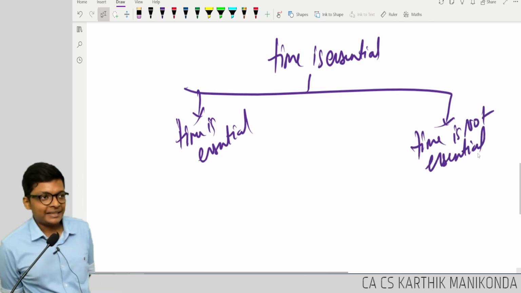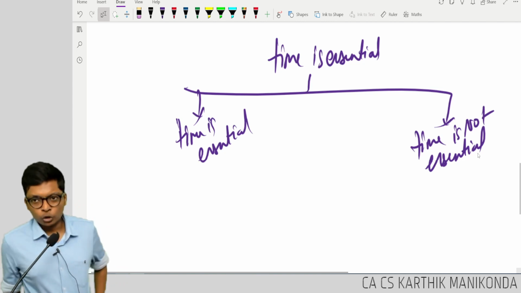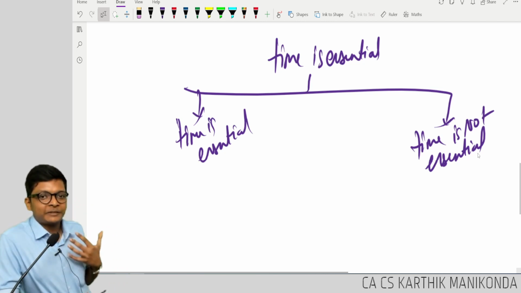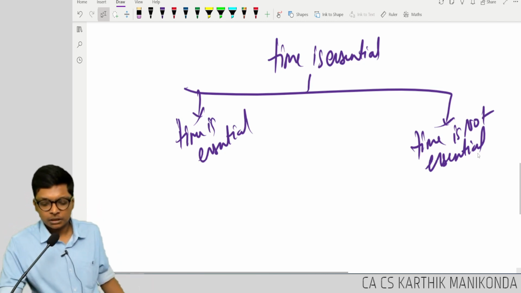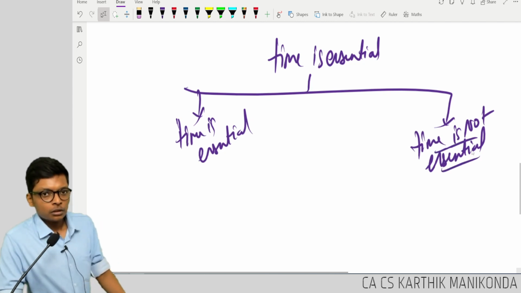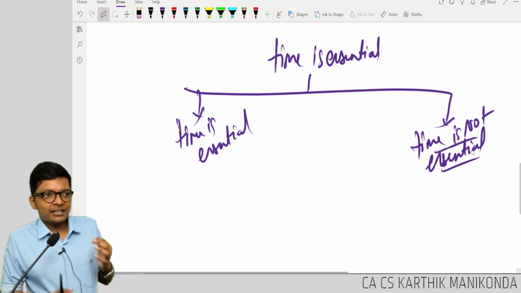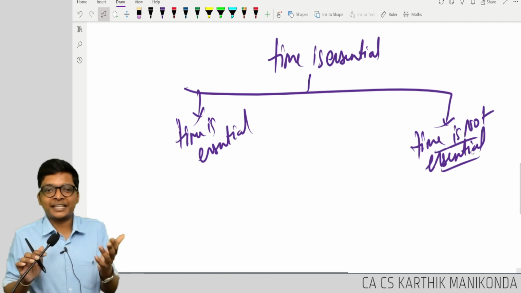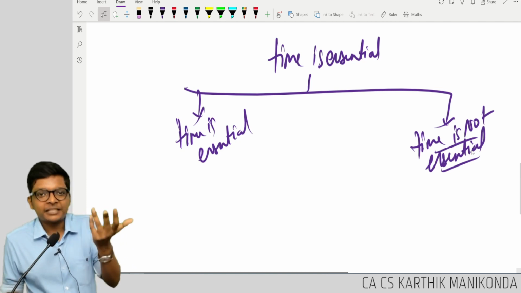Give me a case where time is essential. Perishable goods. You ordered food in Swiggy, Domino's pizza. It has to come in 1 hour or 2 hours max. Where time is not essential. You ordered a shirt from Flipkart. They mentioned delivery in 7 to 15 working days. Is time essential there? No, even if it comes 1 month later, it's fine.